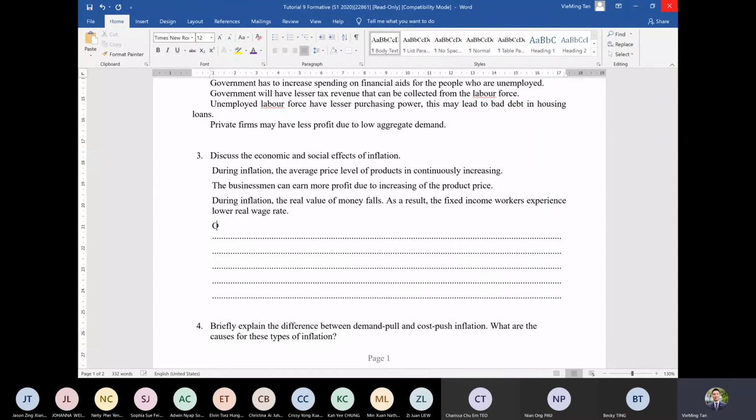So that means on the other hand, the debtors.